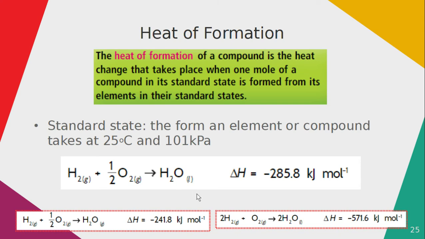So water is a liquid at 25 degrees Celsius. So we've got an L here. We know oxygen, gas, is in the air. And so that must mean that at that temperature and that pressure, oxygen is a gas. Hydrogen, we're being told here, is also a gas at that temperature. So that's what the little state symbols here are telling you.